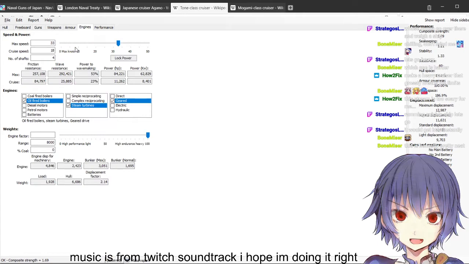So 33 knots isn't actually the speed of Japanese cruisers at this time. They all want 35 or 36 knots. It is impossible. There's this slider down here, which would allow you to make light ships that go fast. Basically the way it works is that it puts in battleship engines and everything, which weigh more and take up more space, and work differently than the engines of destroyers and cruisers.